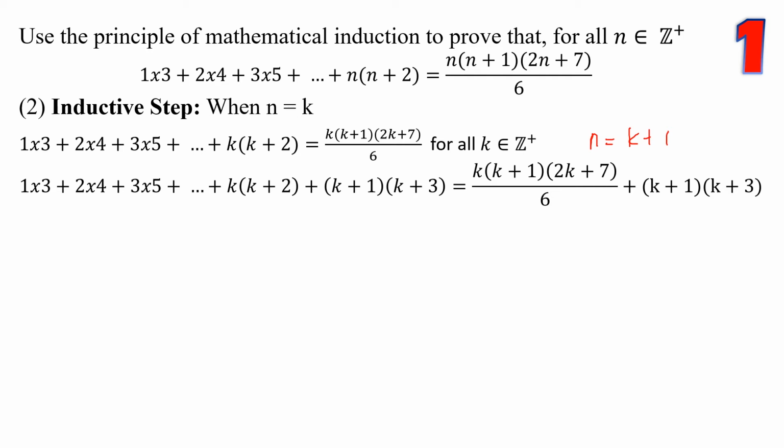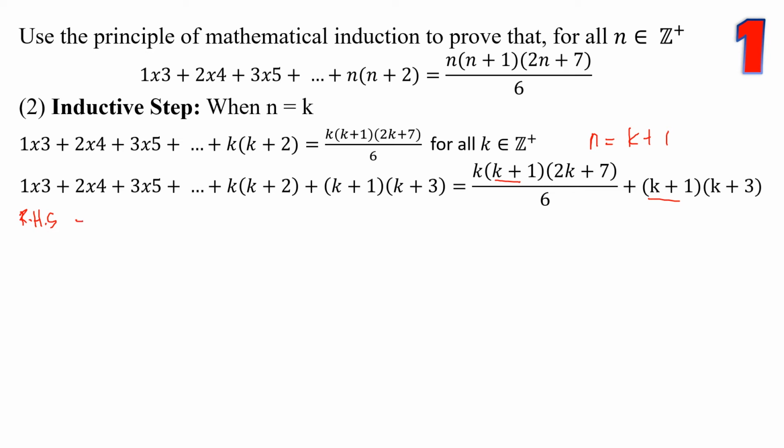At this point, to prove that this statement is true for n equal to k plus 1, we're going to manipulate, or solve for, the right-hand side of the equation. Notice that the two terms in the right-hand side have a common binomial factor, that is k plus 1. So let us factor it out.